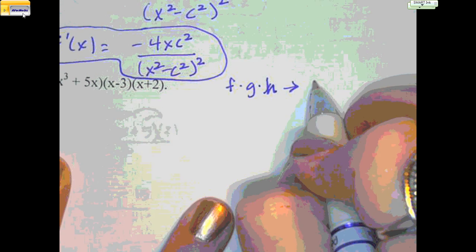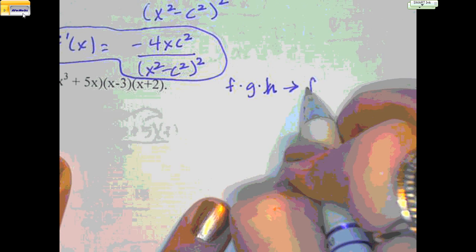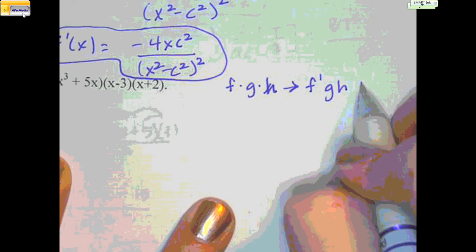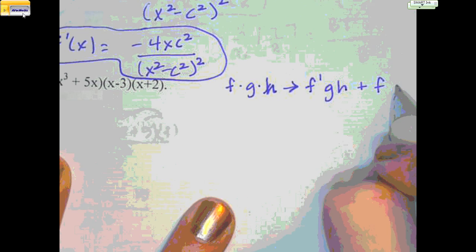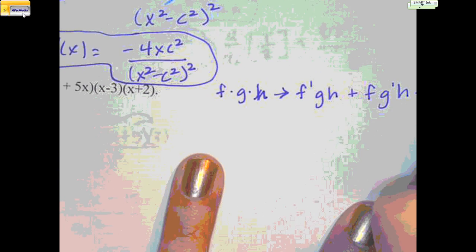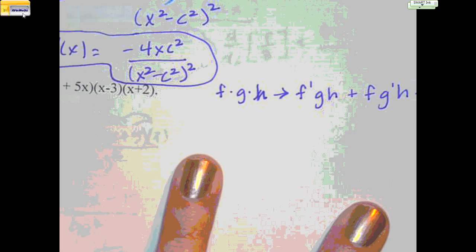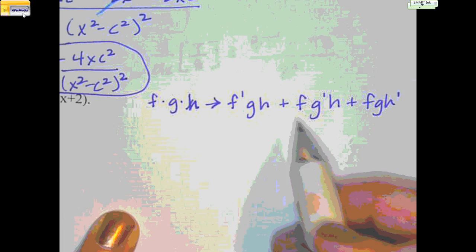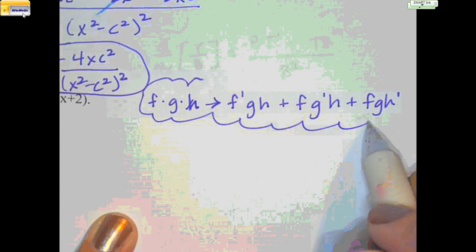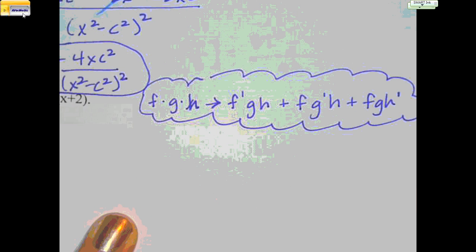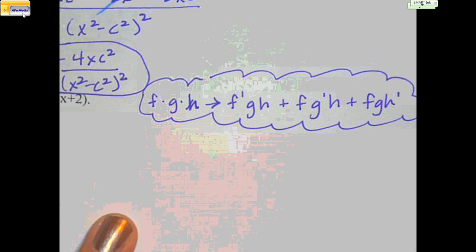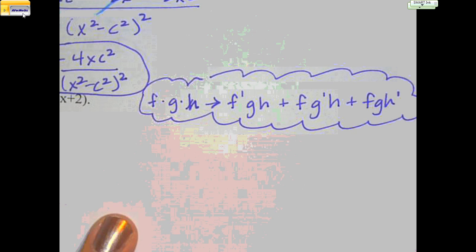You're going to do the derivative of the first one times G times H, plus F times the derivative of G times H, plus F times G times the derivative of H. In other words, they all get their own turn at being a derivative. Does that make sense? You're just adding them. Not too hard. It's really not bad.